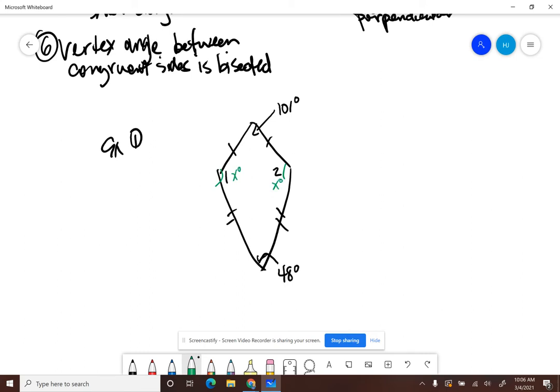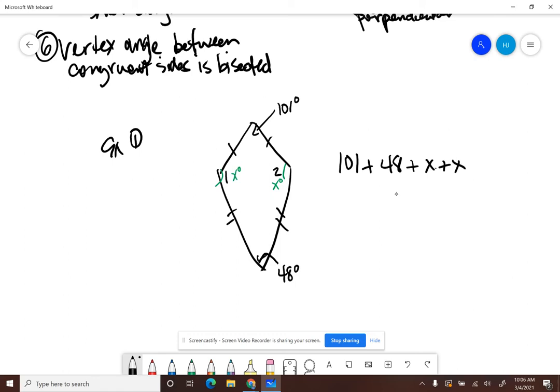So let's just think about the rules about a quadrilateral. Quadrilateral, we know, with 4 sides, it has to add up to 360 degrees. So here's how I would set up my problem. I'm going to go ahead and take the 101 that I have right here, plus the 48 that I have right here, and I'm going to go ahead and add X plus X, right?